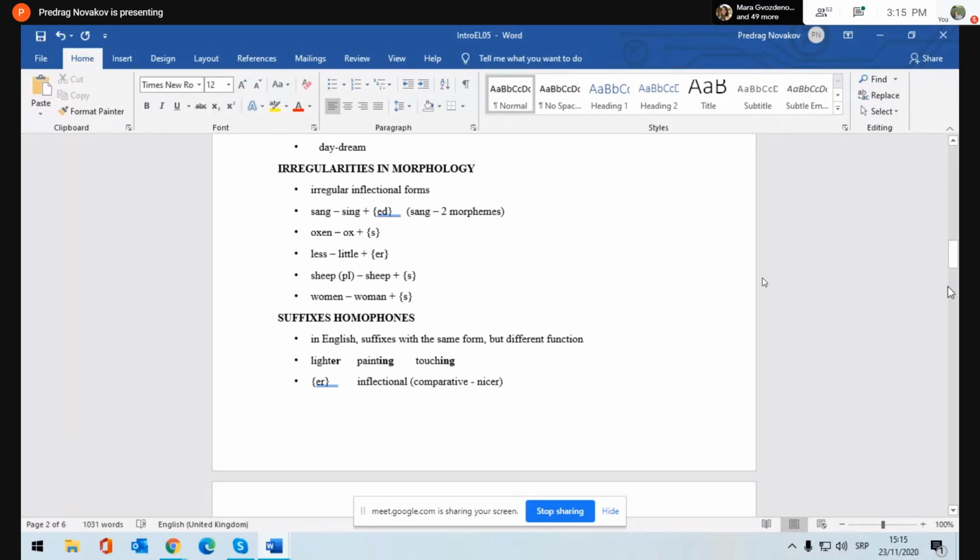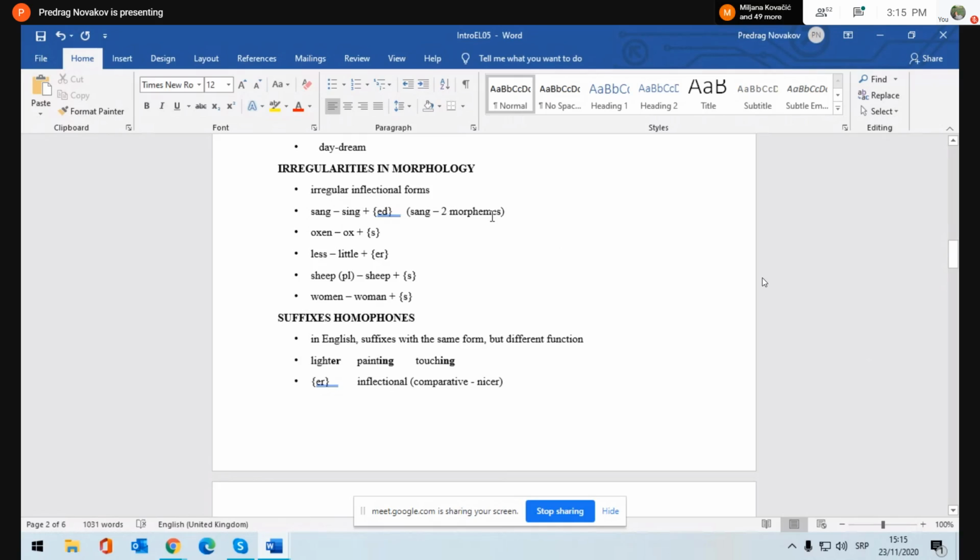You know that in English we have something which we may call regular past tense, irregular plural, and so on. Irregular inflectional forms. So regular past tense would be work plus ed, which is worked. And it is clear that you have the morpheme work and morpheme ed. However, even if it is irregular, like in sang, we can analyze it as two morphemes, like sing plus past.